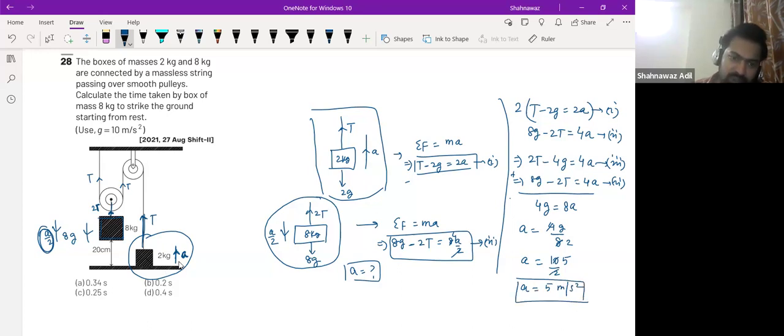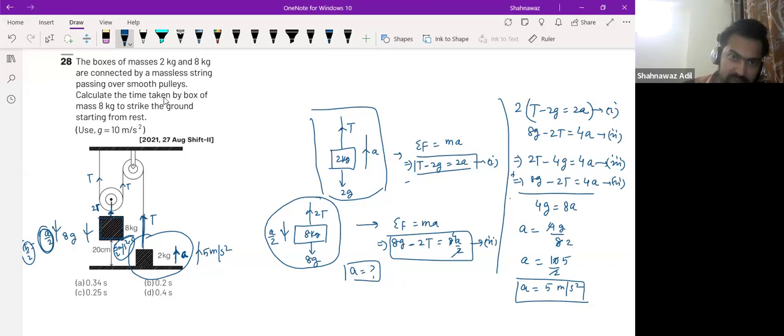Right. So this is accelerating with 5 meter per second square. And this is accelerating in the downward direction with a by 2, so this is 5 by 2 meter per second square. This is a. And then we have this distance, and we have initial velocity 0 and final velocity.